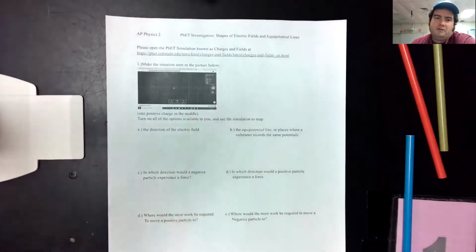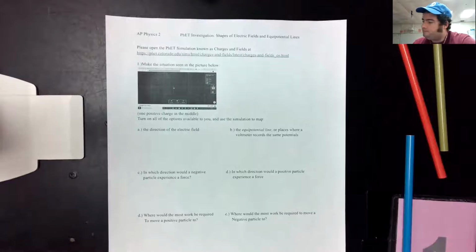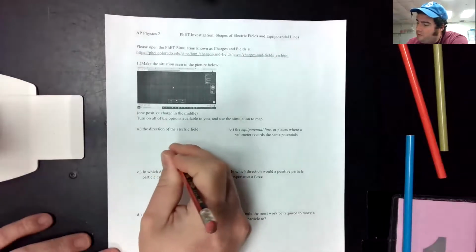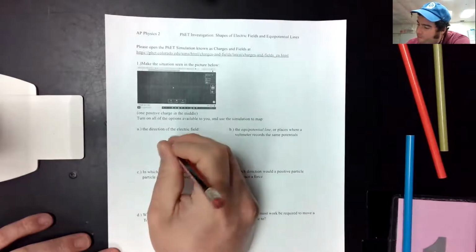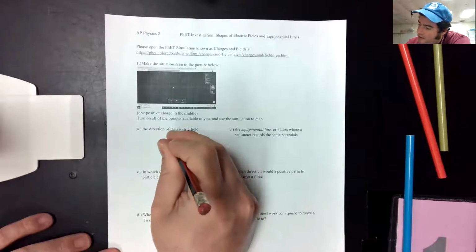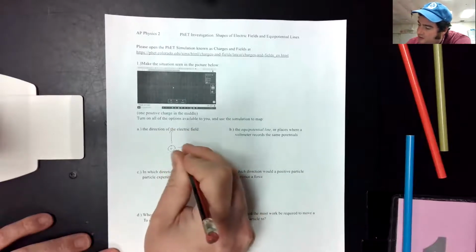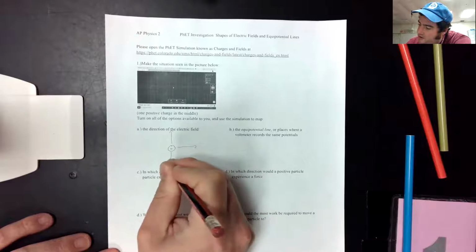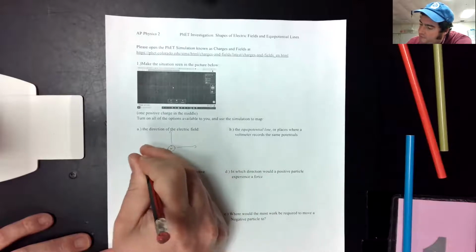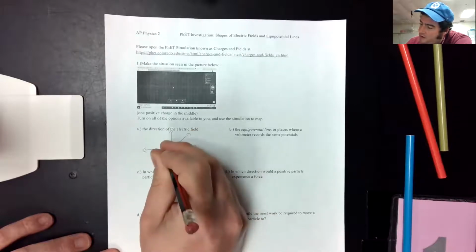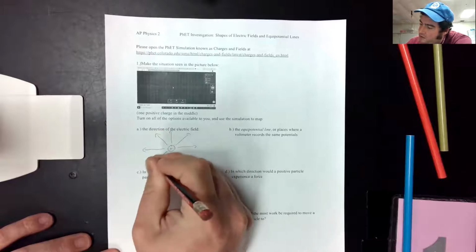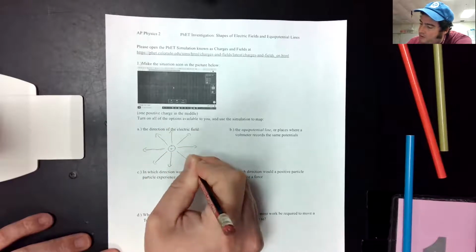I did this as a demo in class, this one. We saw that if we just put a positive charge in space, any little tiny test charge I brought there is going to experience an outward force. So we draw the electric field lines like this because a positive charge would be repelled by it.